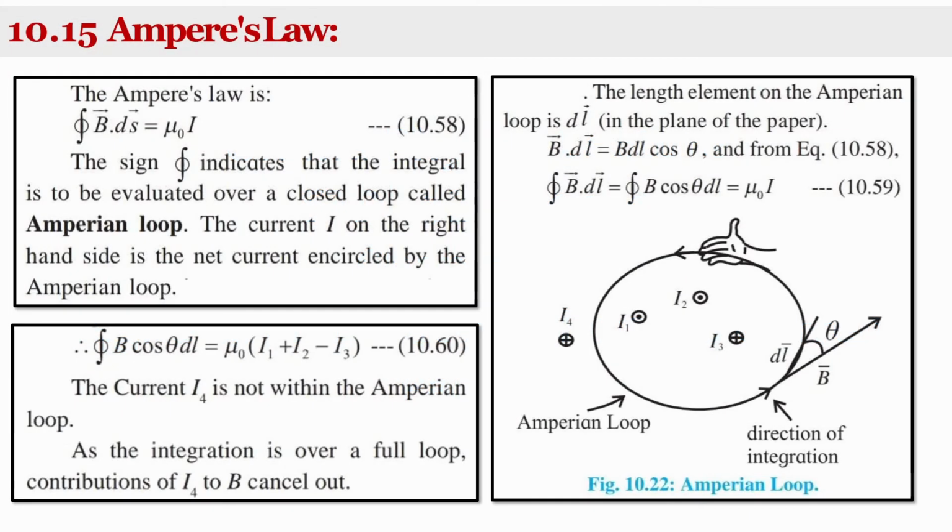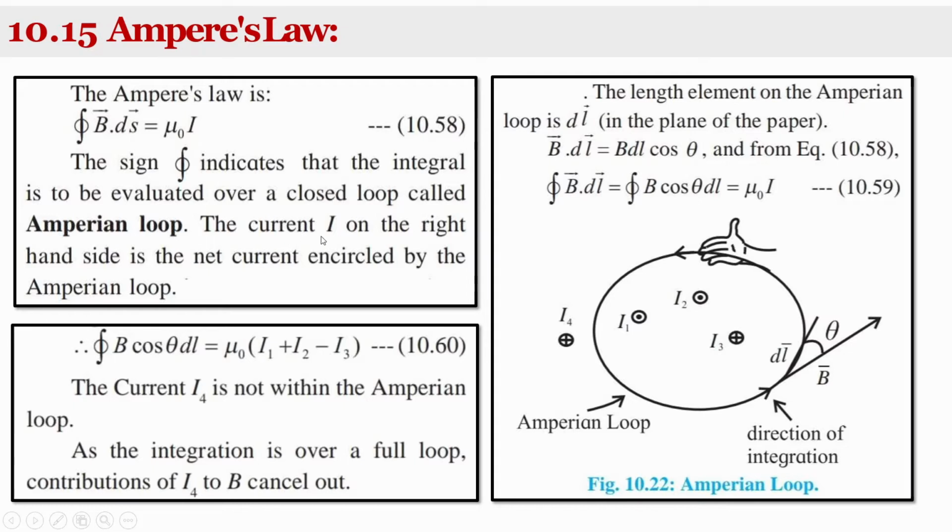In this session we will start from the first point, Ampere's law. This is the mathematical formula for Ampere's law: the line integral of vector B dot ds equals mu naught I. This sign indicates that the line integral is to be evaluated over a closed loop called the Amperian loop.